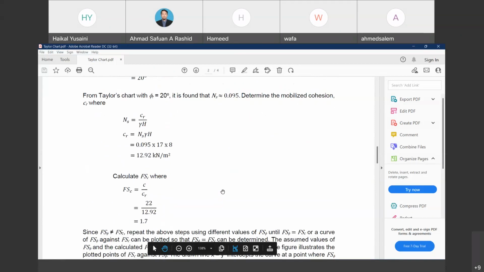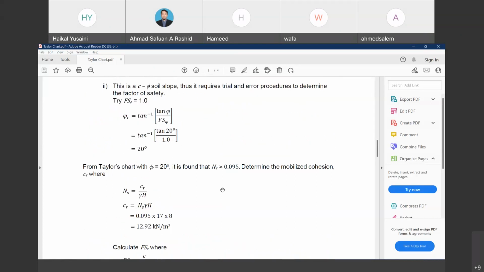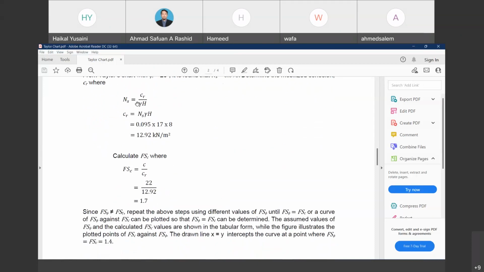Then calculate the FSC, where C over CR, so we obtain factor of safety equal to 1.7. So FSC is equal to 1 and it is not the same as the FSC, so we need to repeat for at least 2 more attempts.